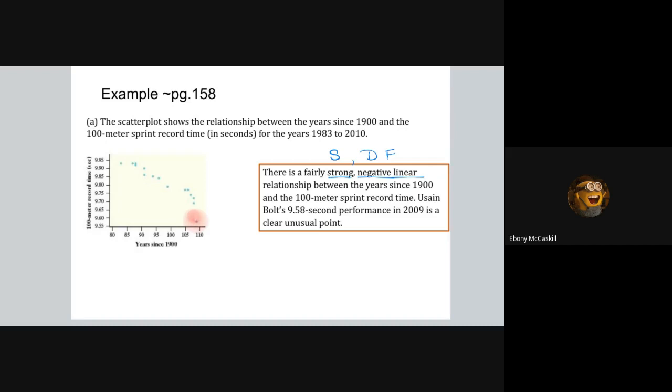So just keep that in mind. Be strategic. Last one, y'all. So once again, you can always use this form to help you. You can write this in two sentences. You can give me the strength, direction, and form with context. Give me context. I'm gonna write that.